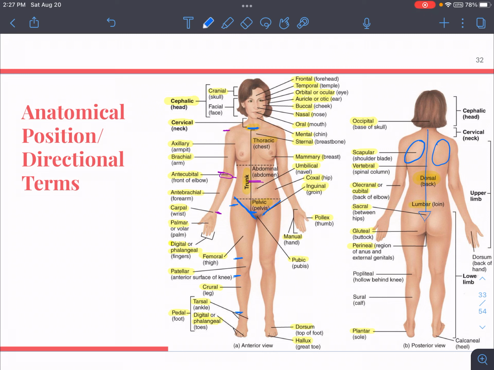Lumbar is again named after the part of the back. There's 5 lumbar vertebrae between those little lines I just drew. If we think the front of your knee is patellar, the back of your knee is popliteal.